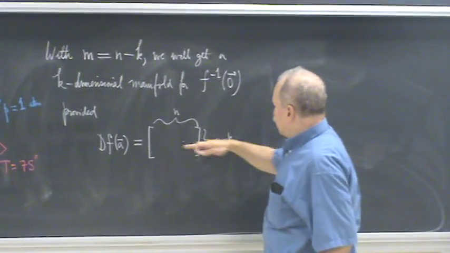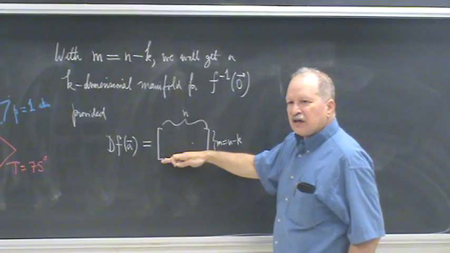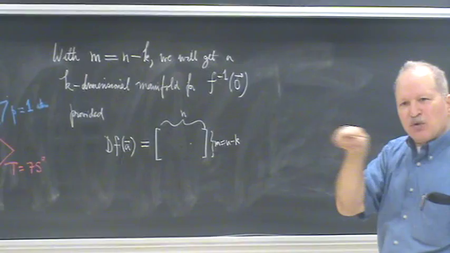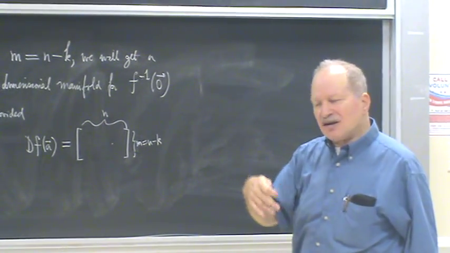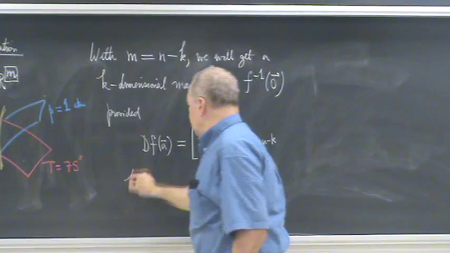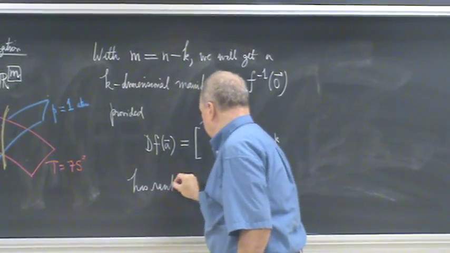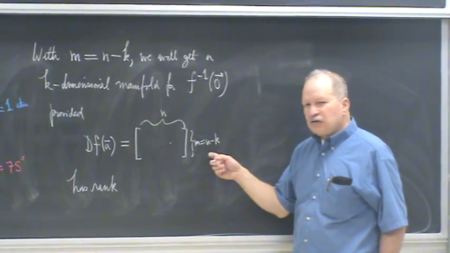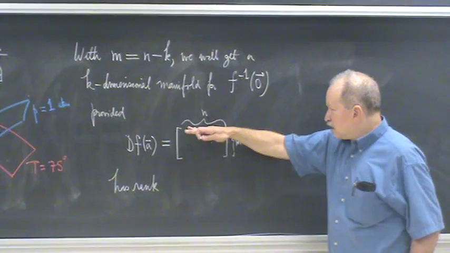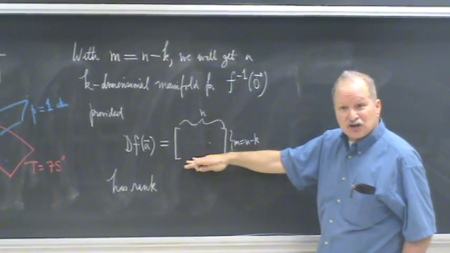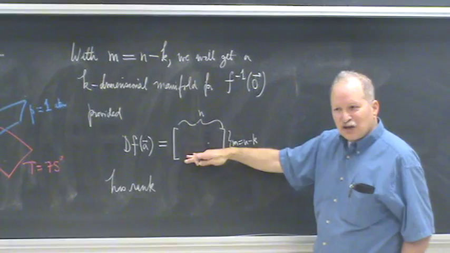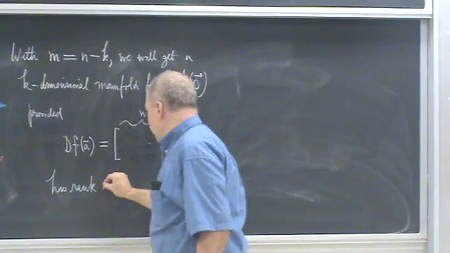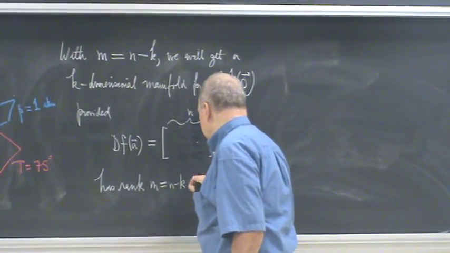If you have an m by n matrix and you want the rows, thought of as equations, to give you independent equations that are not redundant, what do you want the rank to be? If you want these to be non-redundant equations you're getting from your matrix, you want rank equal to m, the number of rows, which is n minus k here, at each a.